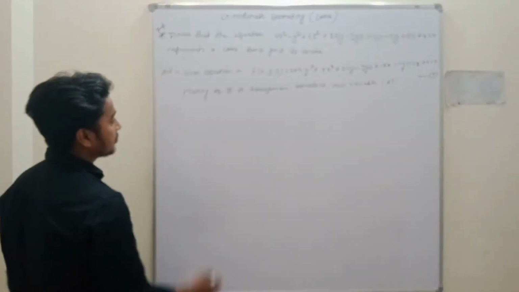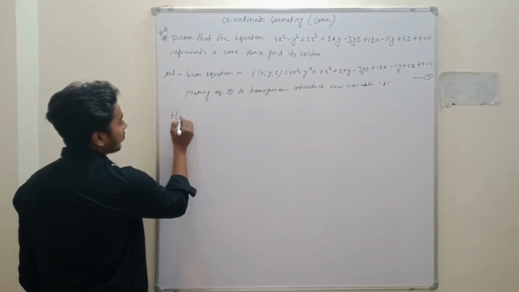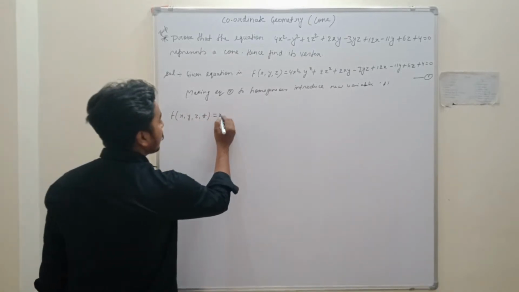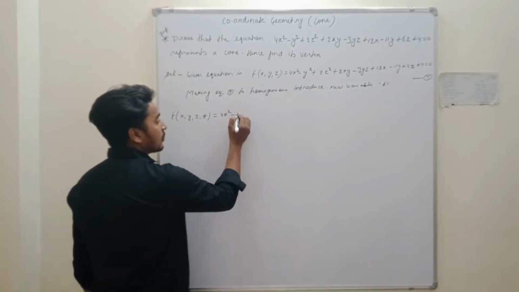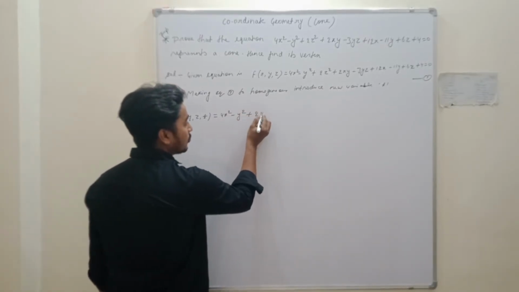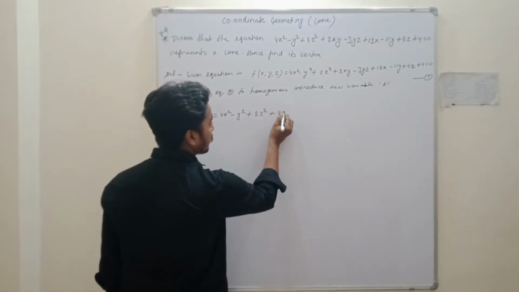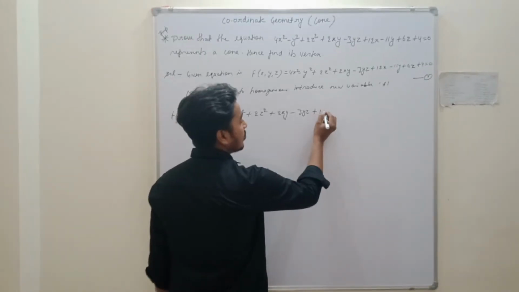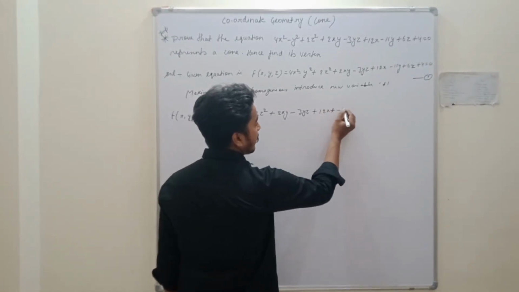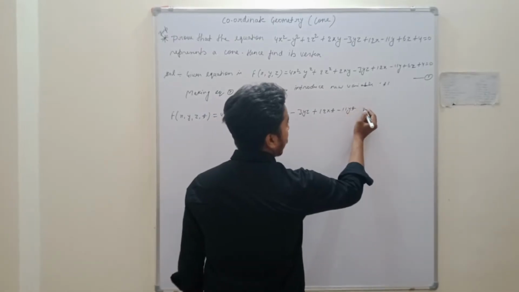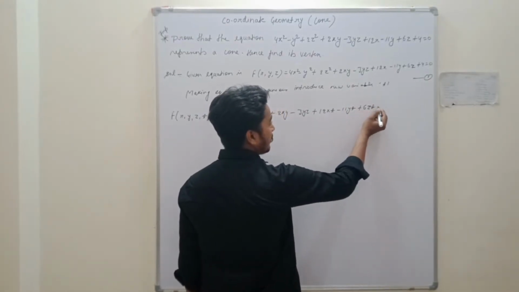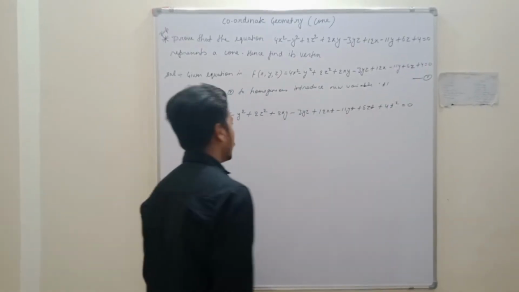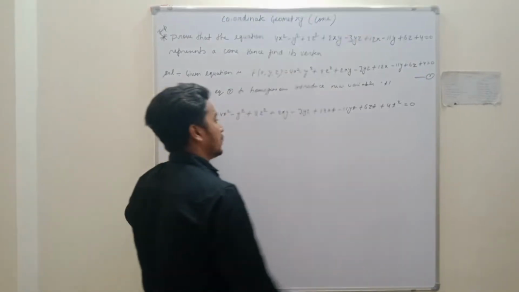Then equation 1 becomes f(x, y, z, t) = 4x² − y² + 2z² + 2xy − 3yz + 12xt − 11yt + 6zt + 4t² = 0. Let this be equation 2.